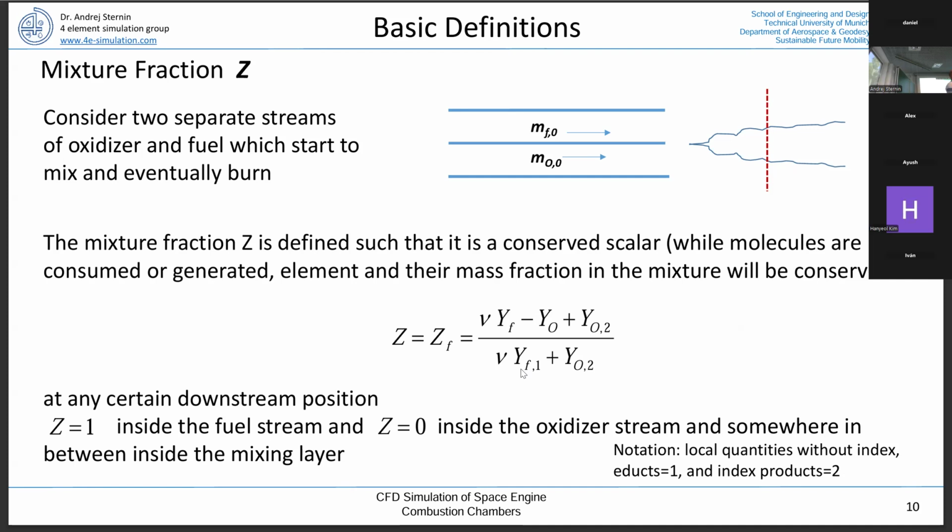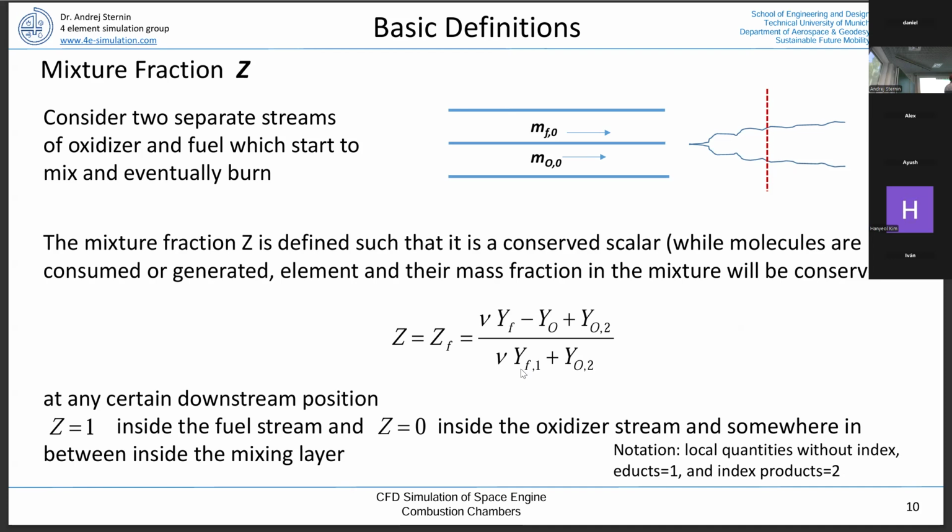Since in the simulation, at each computational cell, we have the concentration of the species, based on the mass fractions of the species we can define the mixture fraction. It's easier because instead of having those 4, we just have 1. And that helps us define the local composition over the entire computational domain, the entire combustion chamber.